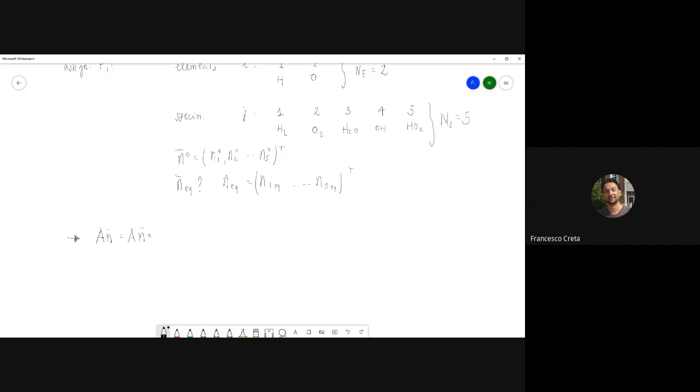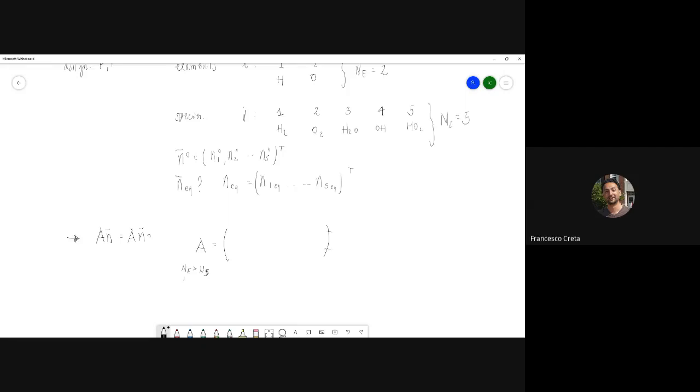Well, A, let's write it here, will be a matrix, which is of dimension, sorry, ne by ns, where the first one is always the number of rows, so 2 number of rows.